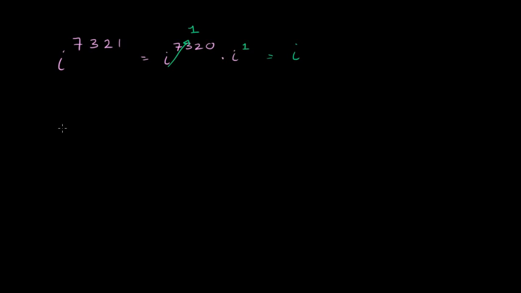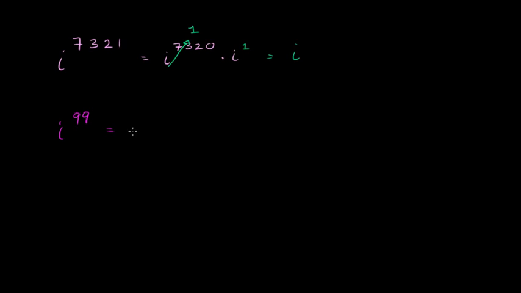Let's do another one. Let me try something interesting: i to the 99th power. So once again, what's the highest multiple of 4 that is less than 99? It is 96.